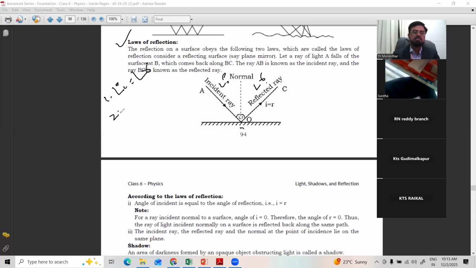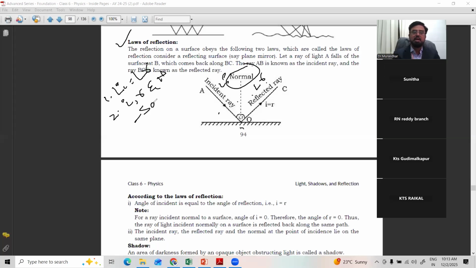The second one: the incident ray, reflected ray, and normal all lie on the same plane. Always.